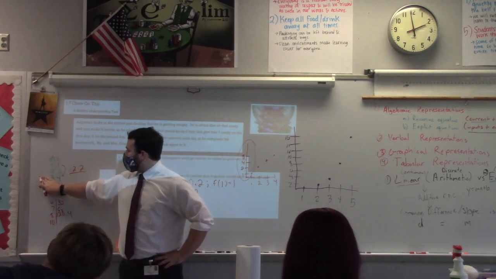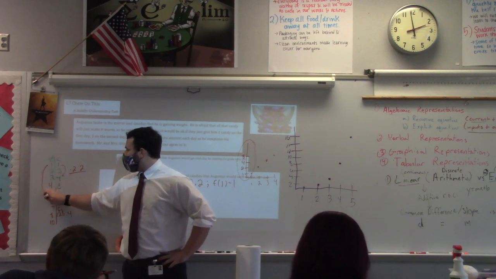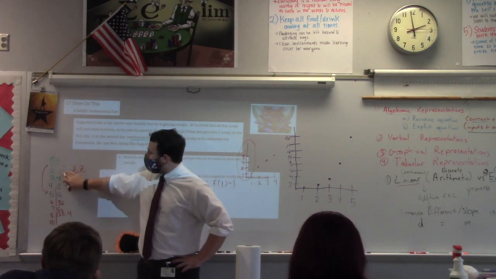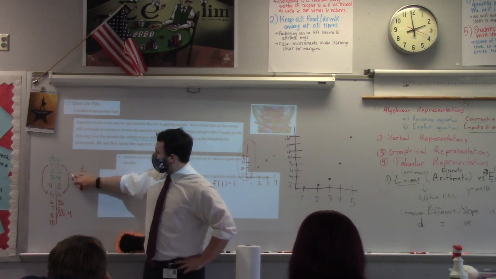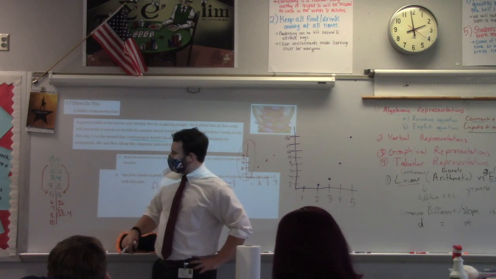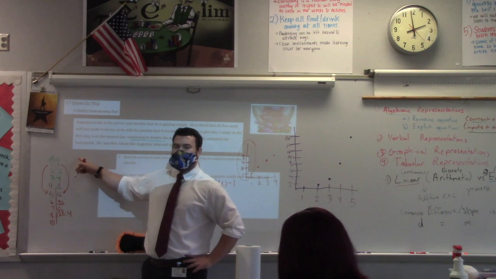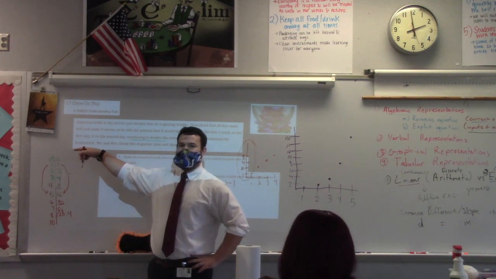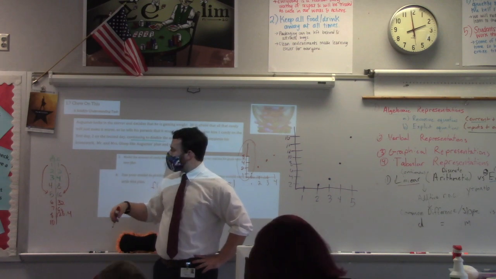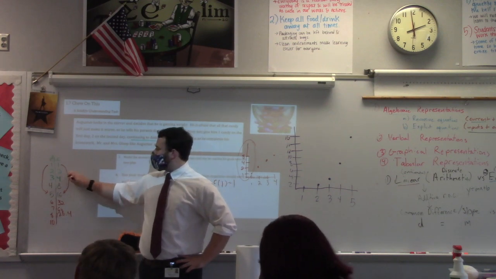Notice, heck, could I go to day 5? What would I need to multiply by to go to day 5? How many candies were there on day 5? 16. And I started at day 1 with 1. So, how about 16?